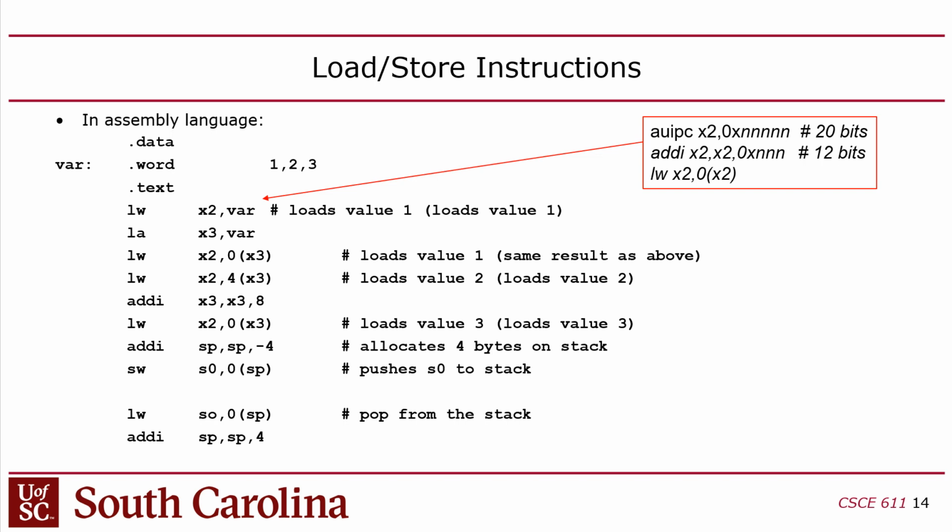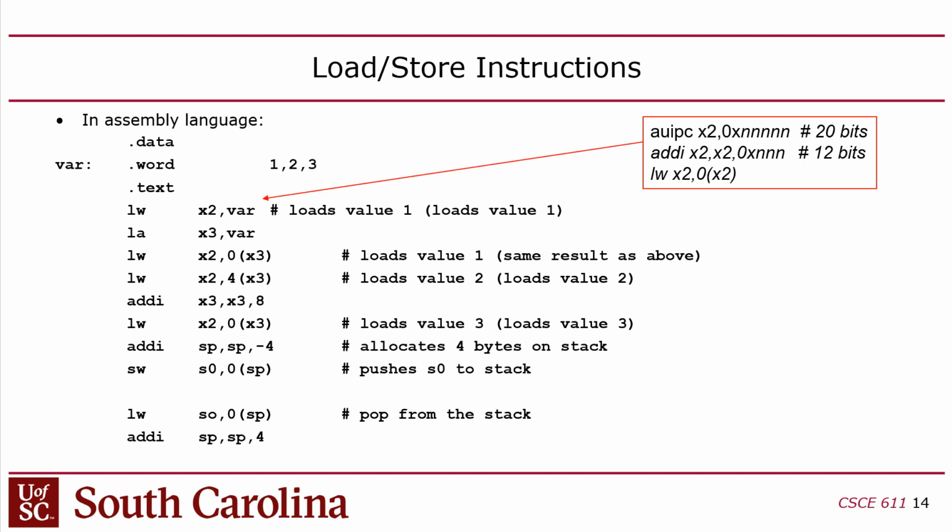One, that var should be placed on an address that is aligned or evenly divisible by the word size, which is 4 bytes. And the second thing is that the assembler should reserve 4 bytes for each of the initial values listed next after the word directive. In this case, there's 3 values listed. This will cause the assembler to allocate 12 bytes for the whole array.